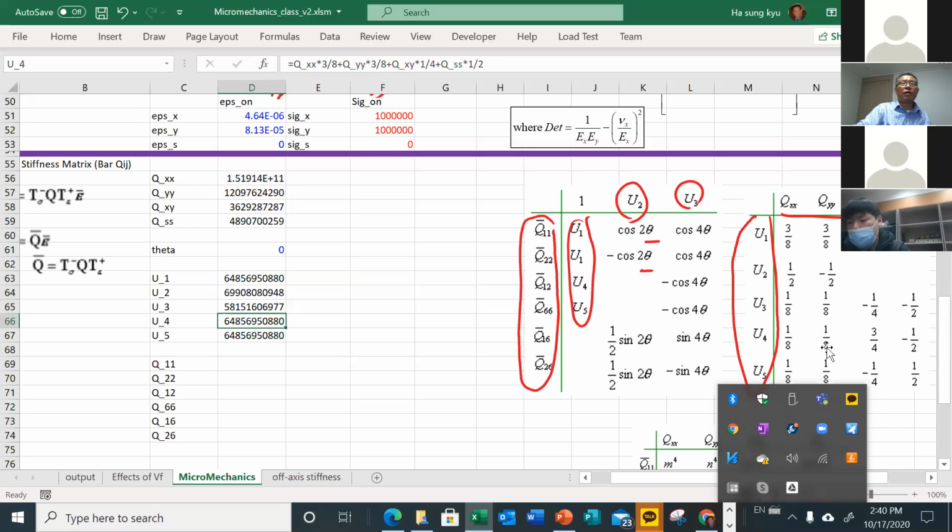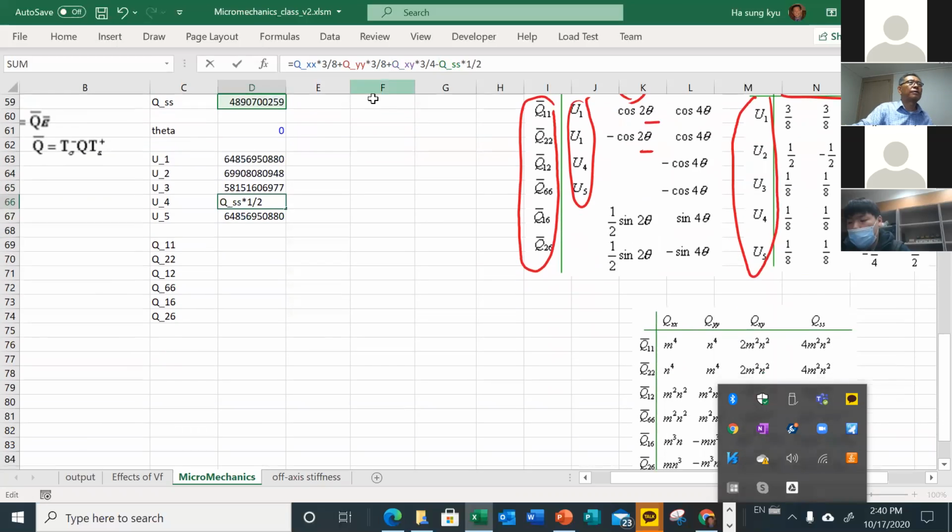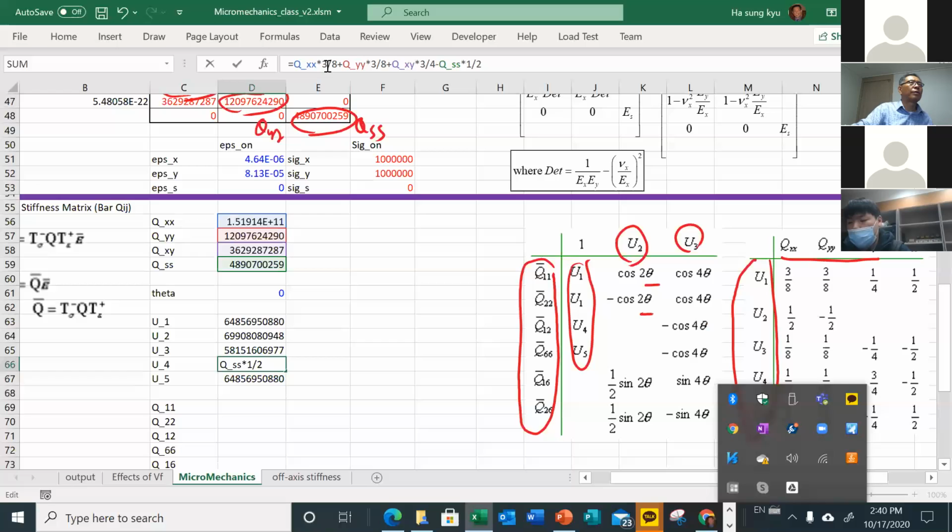And U4, similar, but there's a minus and some number. Here is the 3, right? Oops, this has to be 1 and 1, right?